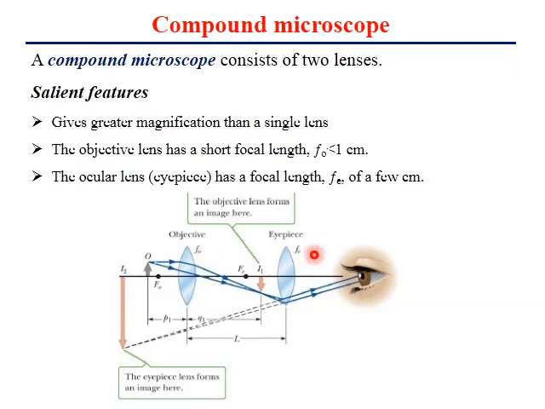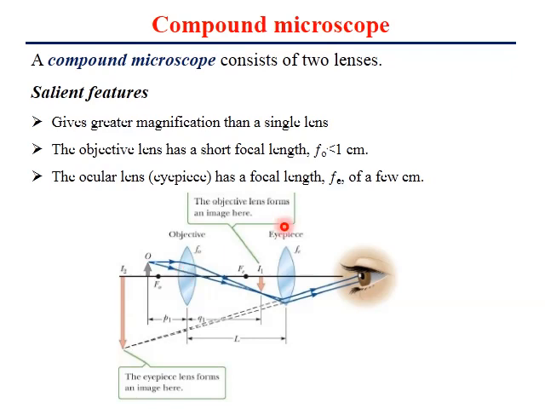The objective lens has a short focal length, usually less than 1 centimeter. The ocular lens, also known as the eyepiece, has a focal length Fe of a few centimeters, which is more than that of the objective.